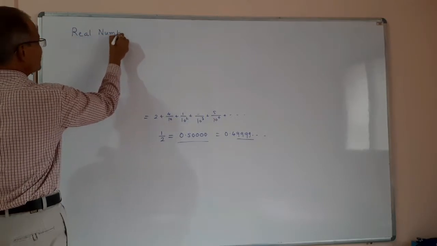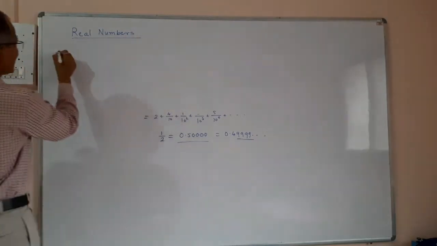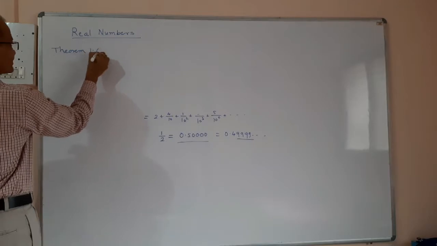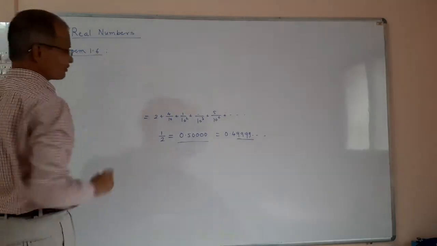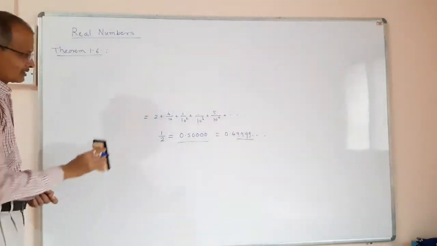So we shall consider now real numbers, and we will prove the first result as a theorem. This is theorem 1.6. Earlier we have proved theorems related to functions and countable sets.